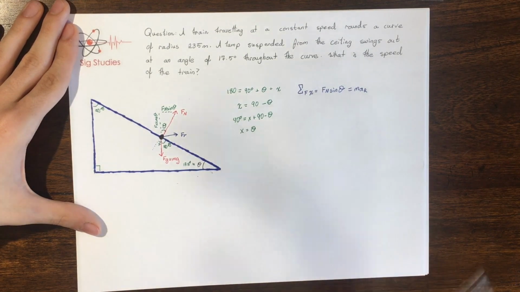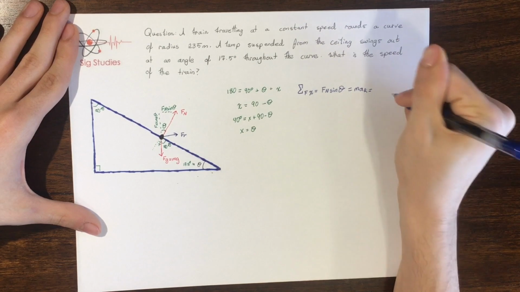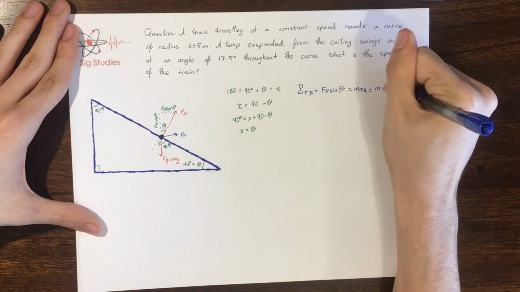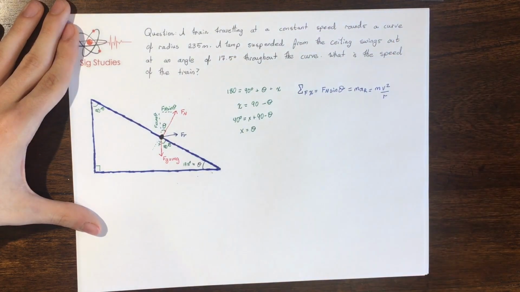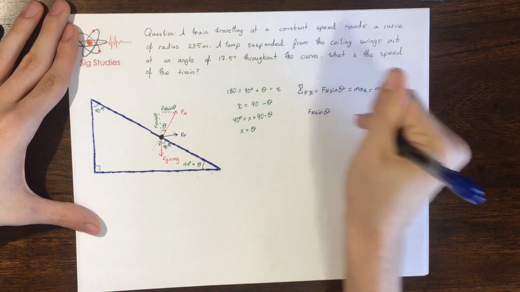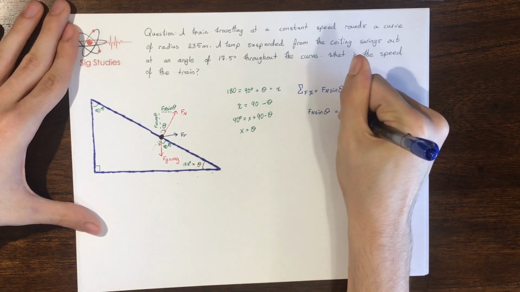We talked about that earlier in the playlist. Centripetal acceleration means radial acceleration, which means acceleration towards the center of the circle. And we've talked about how radial acceleration is v squared over r, so that is equal to mv squared over r. So we can simplify by saying Fn sine of theta is equal to mv squared over r.